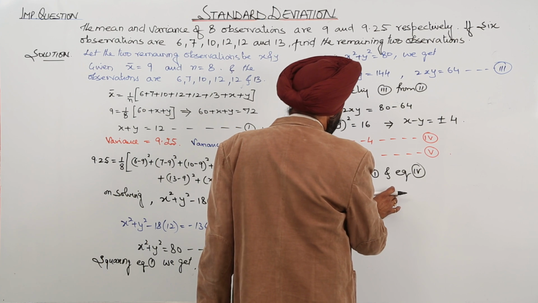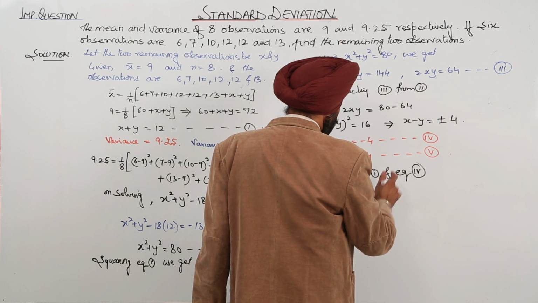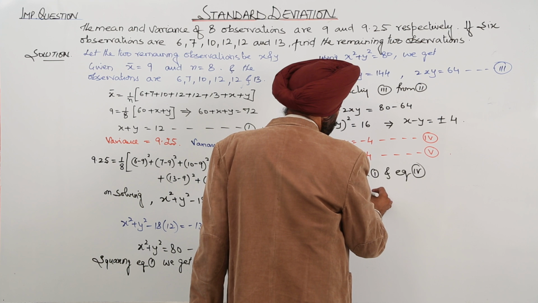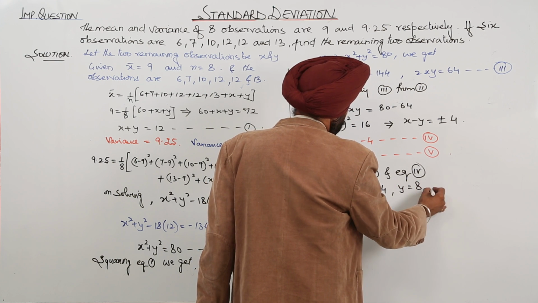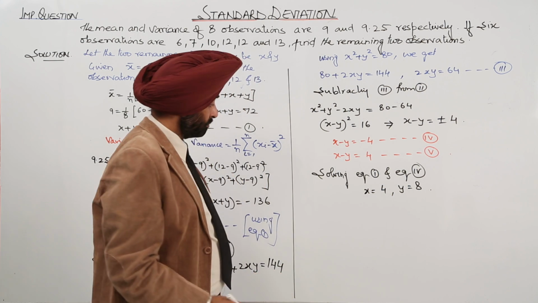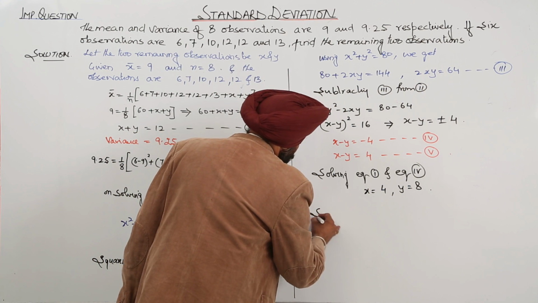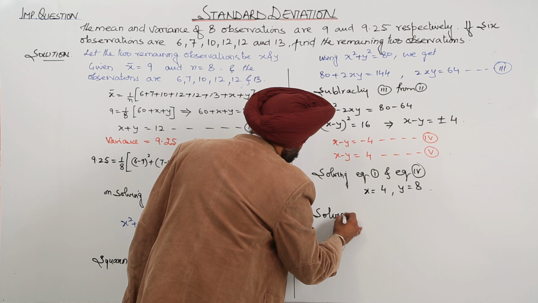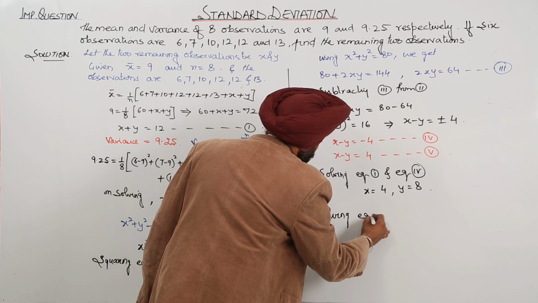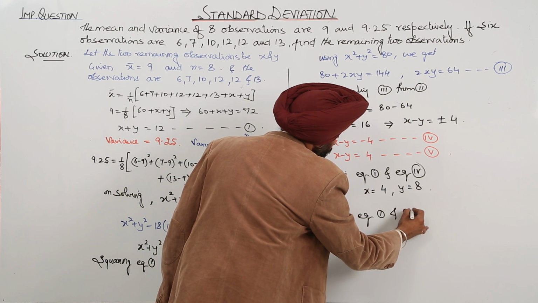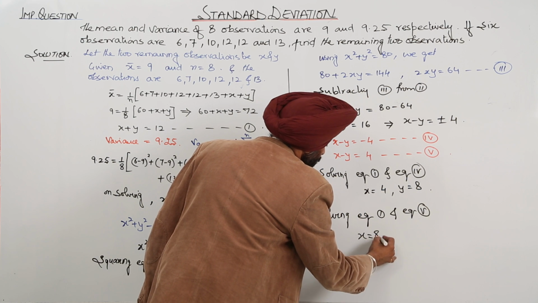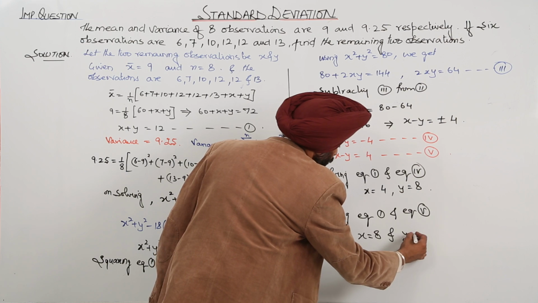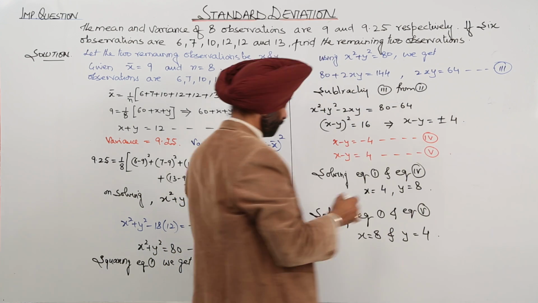Solving equation 1 and equation 4, we get x is equal to 4 and y is equal to 8. Okay. Solving equation 1 and equation 5, we are getting x is equal to 8 and y is equal to 4.